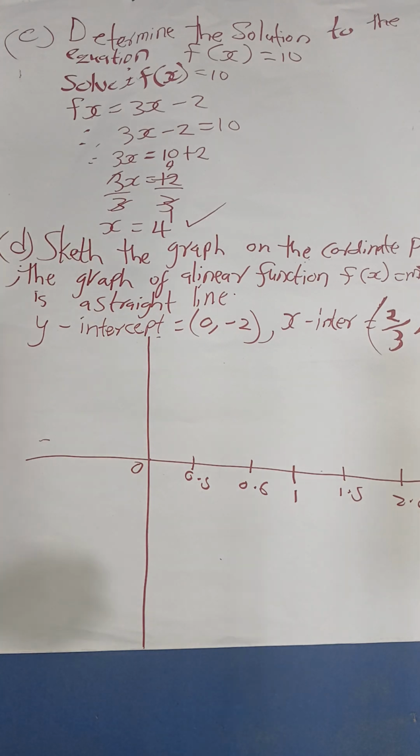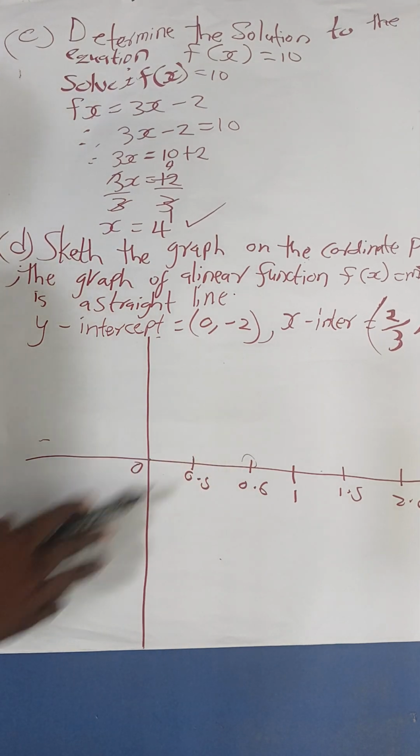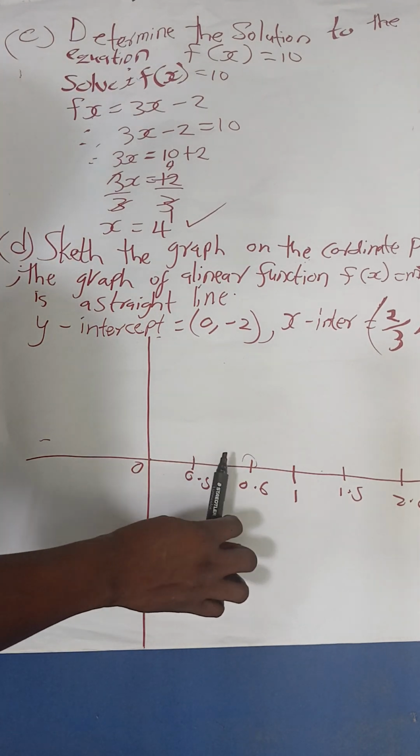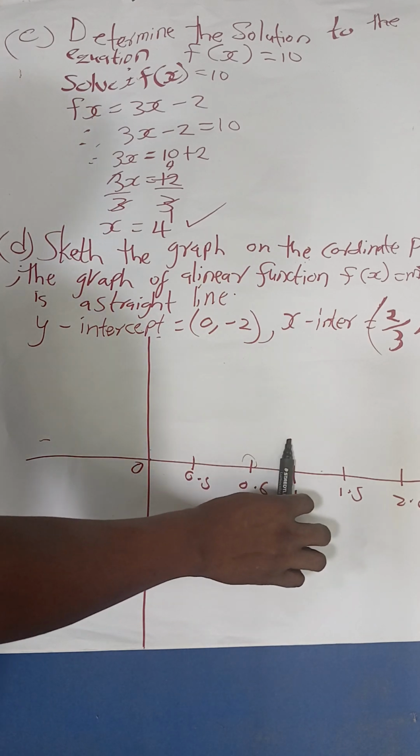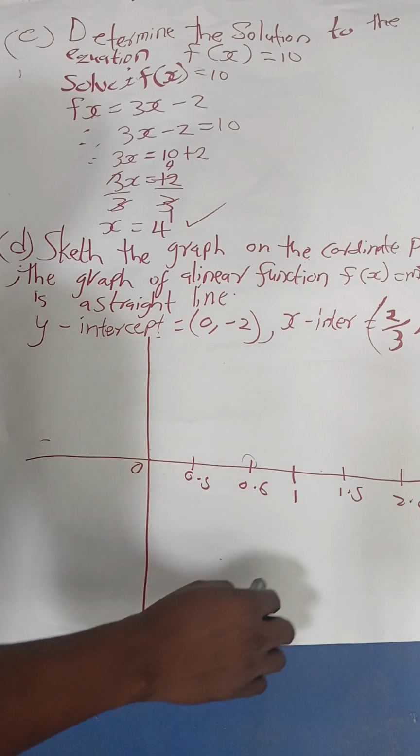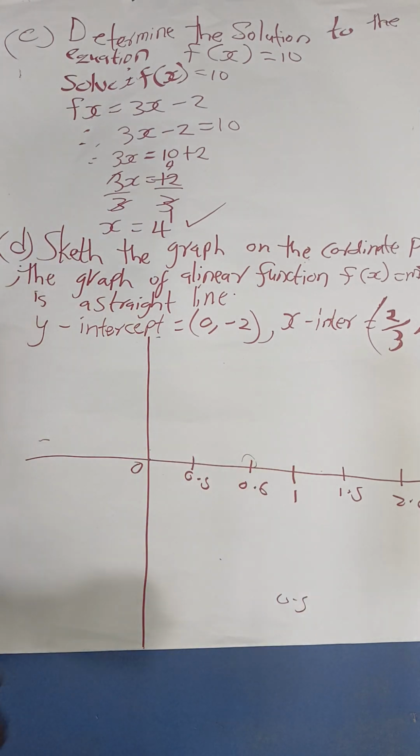You see, I've put this here intentionally, because the difference is 0.5. From 0.5, difference of 0.5. Good. Now that 0.6, I've put there intentionally so that you will see where I'm heading.